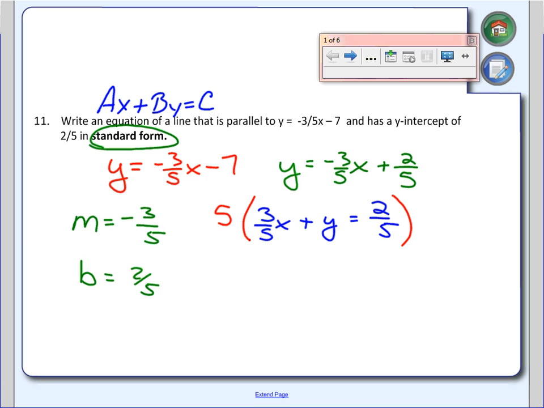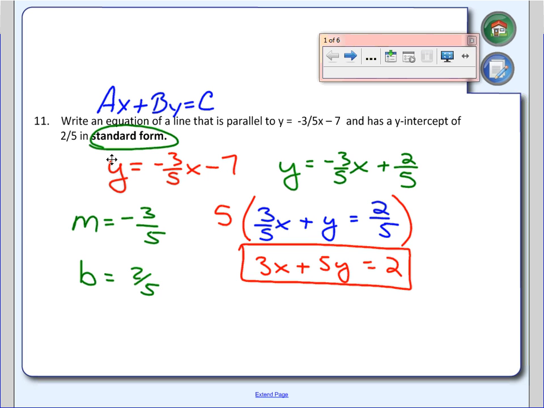So if I multiply this out, I end up with 3x plus 5y, and 5 times 2/5 is 2. And now I've got my standard form. So there's your answer to number 11.